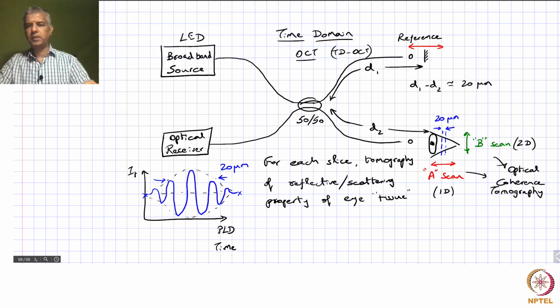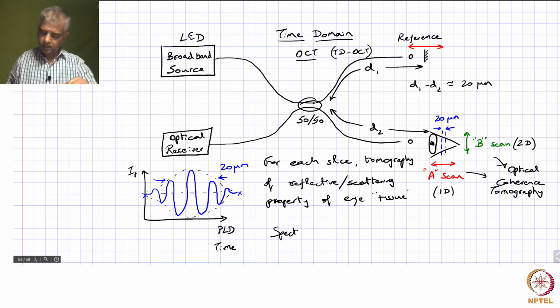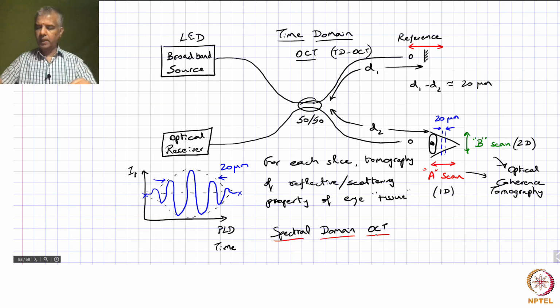So you are essentially looking at the tomography of the reflective scattering property of the eye tissue, and like we talked about, that is what you are achieving with the A scan and B scan, but the same thing can be achieved using spectral domain OCT as well, right. That is the other type of OCT that you can realize.